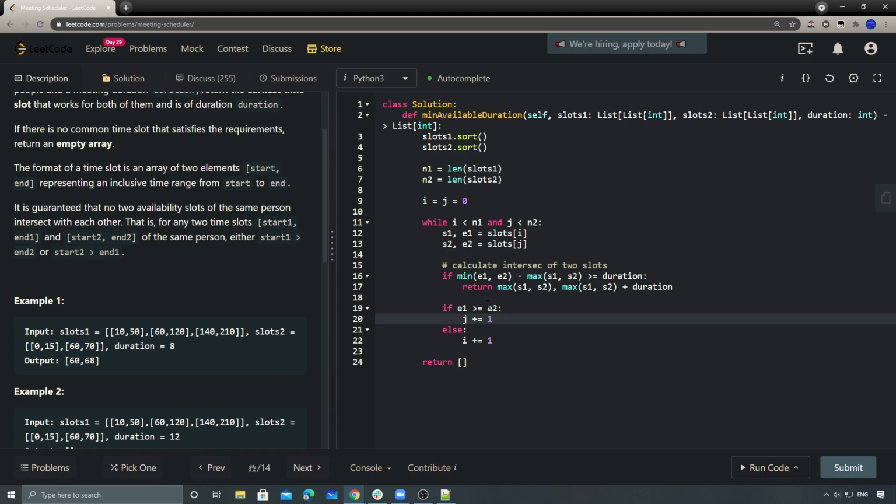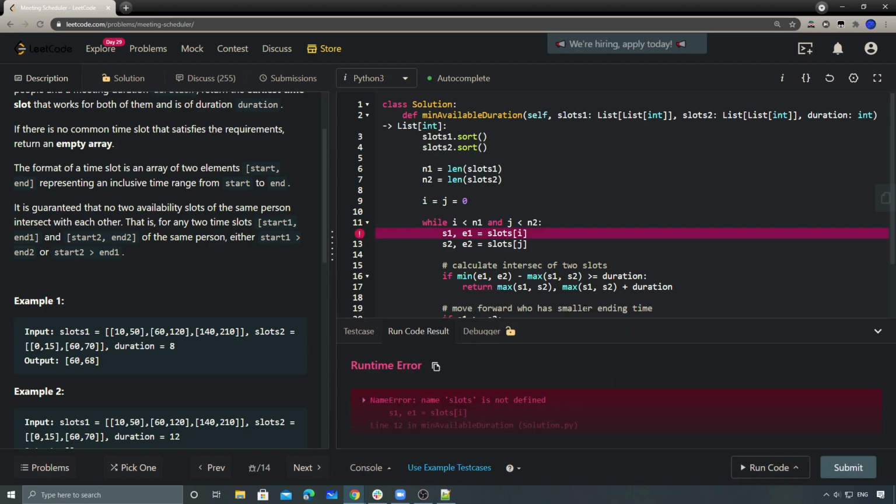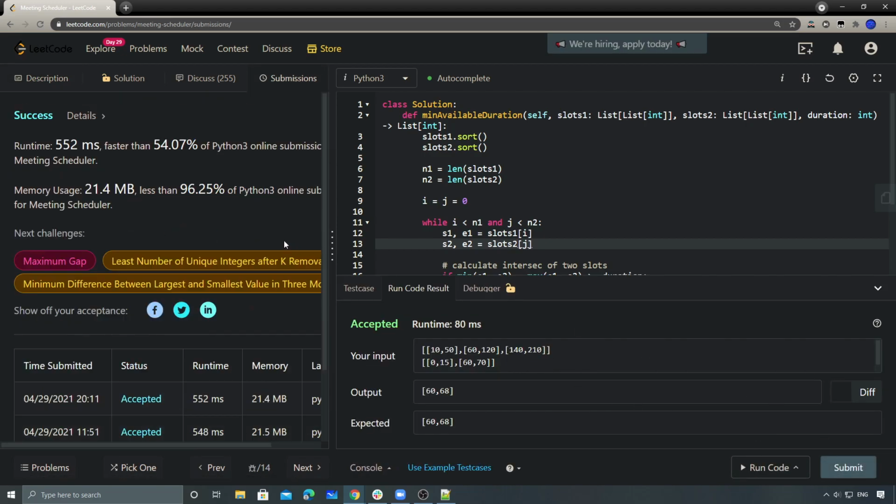I think that's it. So here we move whichever has the smaller ending time. Run the code. Okay, accepted.